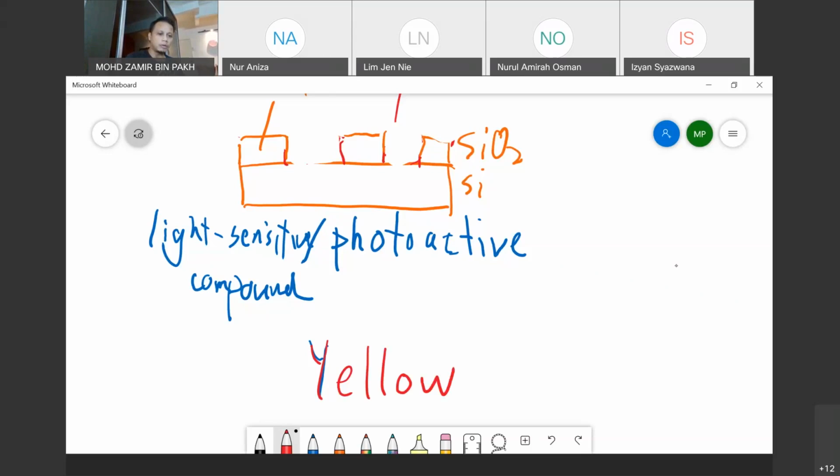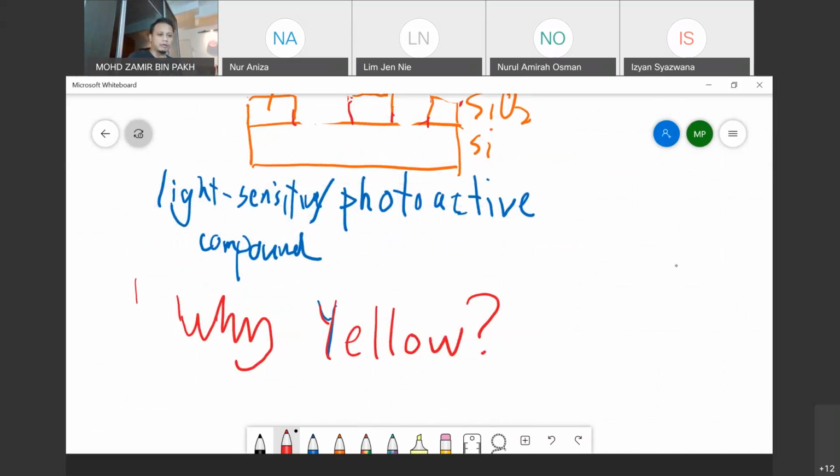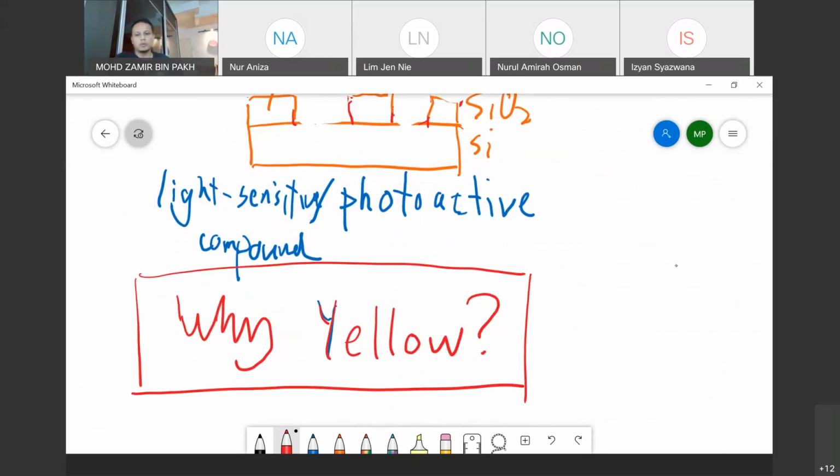Why yellow? Okay, if I would like to ask you this, what would be your answer? Kenapa yellow light in lithography? So we've learned about clean room, we've learned about the yellow light in the space of lithography, but why yellow? Anyone? Chingwei, what do you think? Why yellow light?